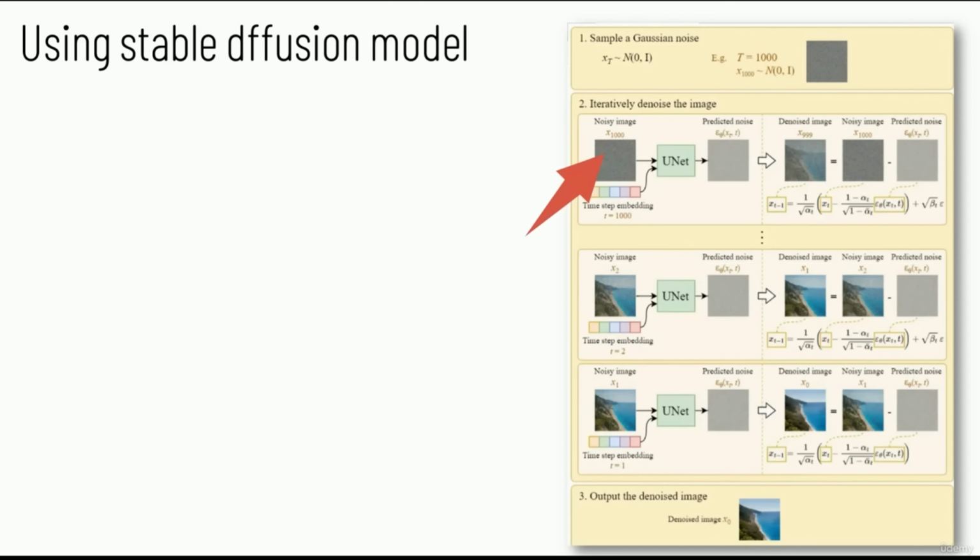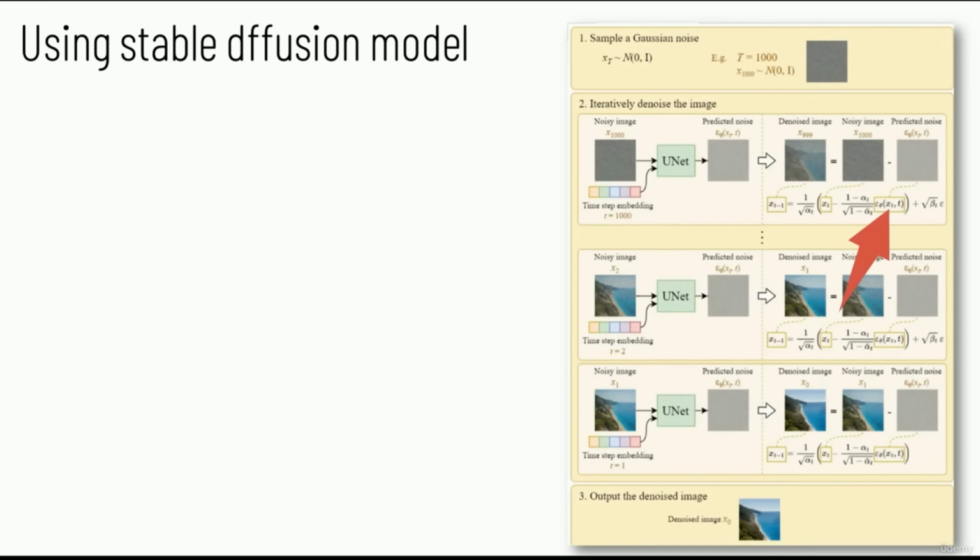We will pass x1000, our noisy image, through our U-network. We will pass the embedding for the time step through our U-net also, and we will predict epsilon. We will use this formula here to compute xt-1.